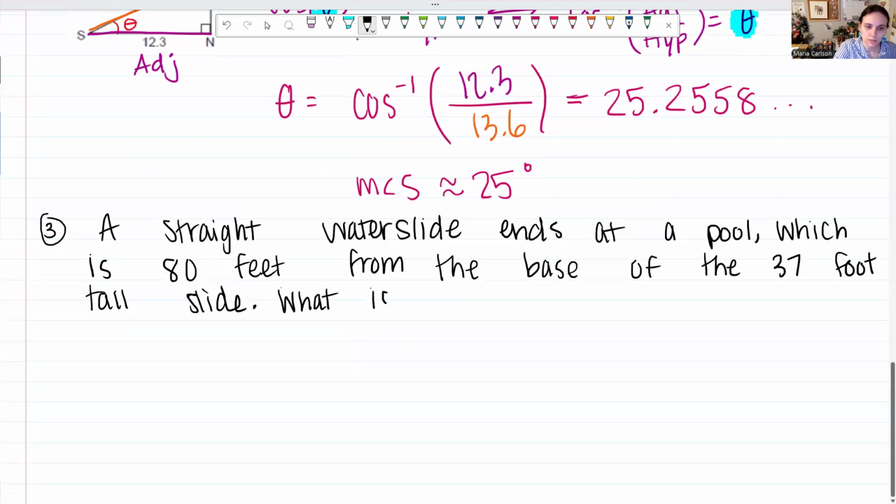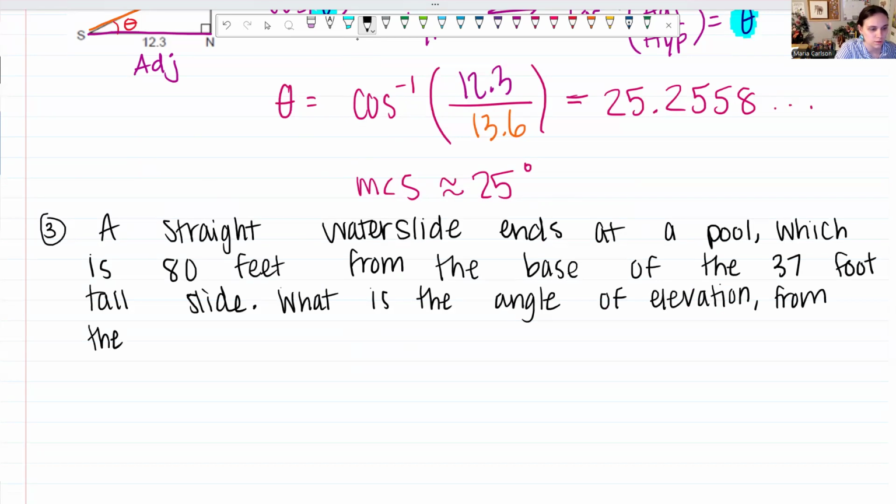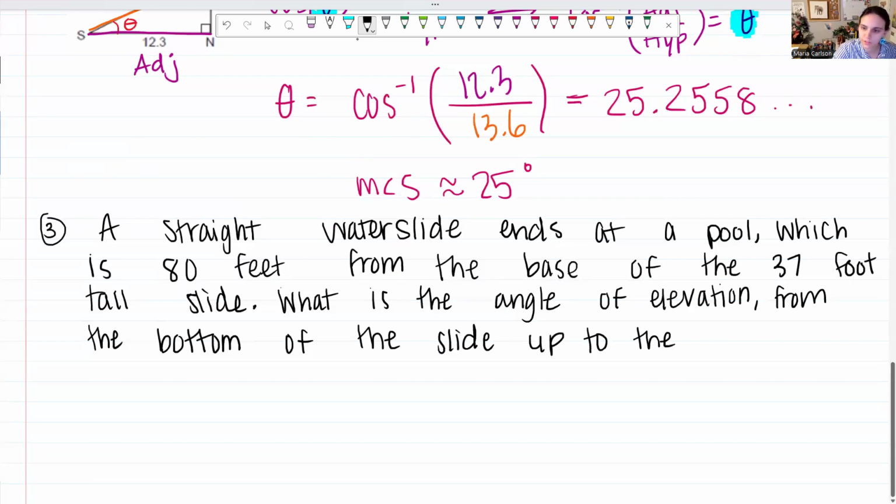What is the angle of elevation from the bottom of the slide up to the top?